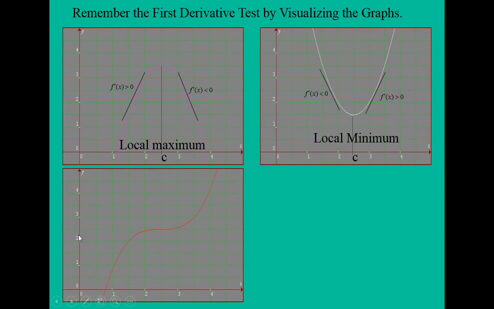Now here's a graph. We would get a critical number here. The slope of the tangent lines to the left of C are increasing, but they continue to increase after our critical number. So we don't have a local maximum or a local minimum.